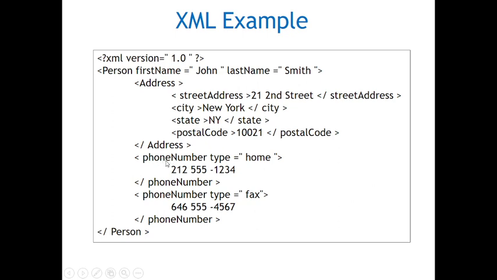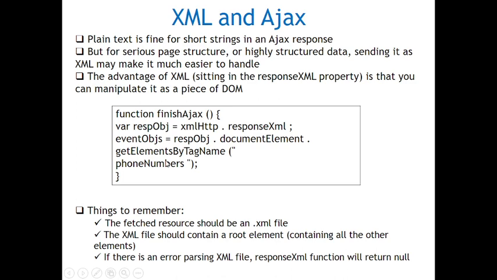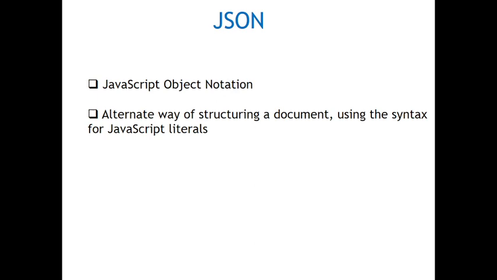This is a tag, so you are going to read it here. From the .xml file, you are going to read the phone numbers. I will show you one example also to understand this XML and Ajax.